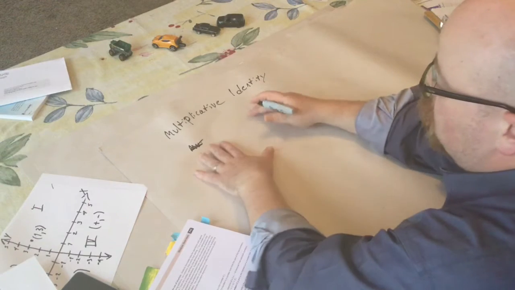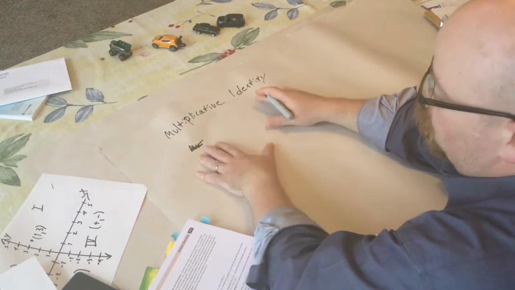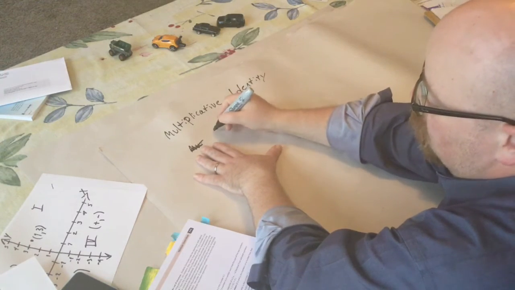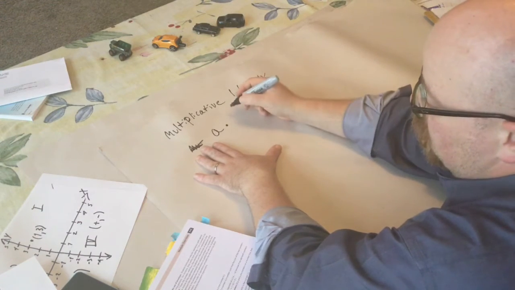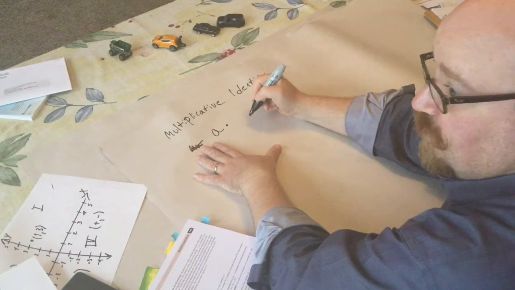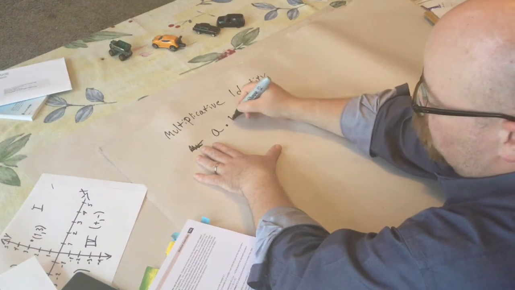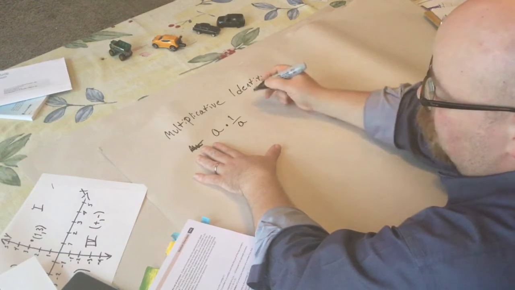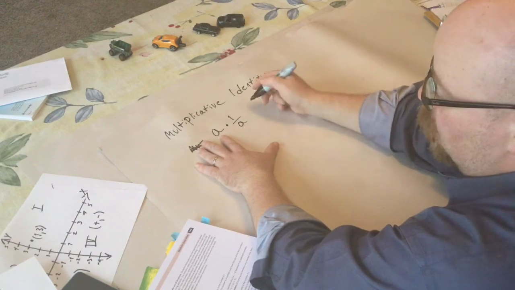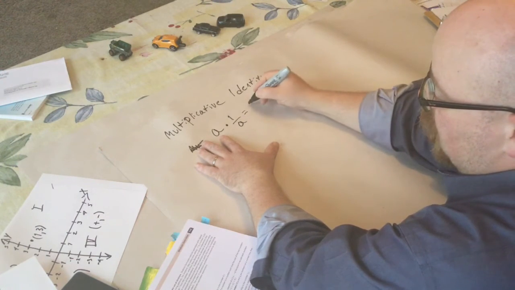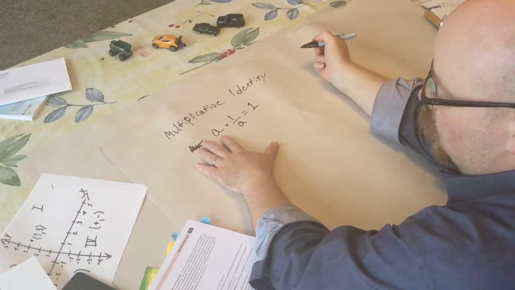Thank you. All right, so the multiplicative identity is important because if I have any number, A, and I multiply it by its multiplicative inverse, which I can write as the reciprocal value, A times 1 divided by A, or 1 over A, then what I get is 1, okay?